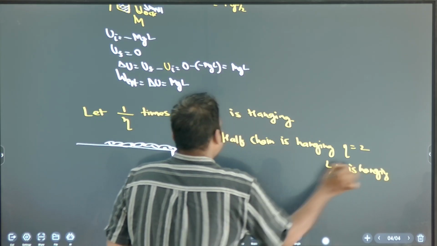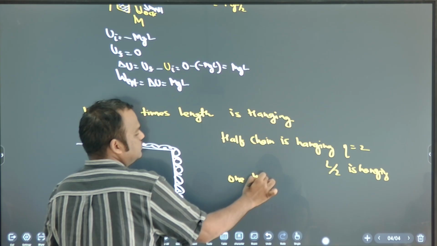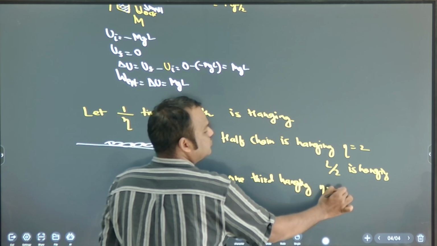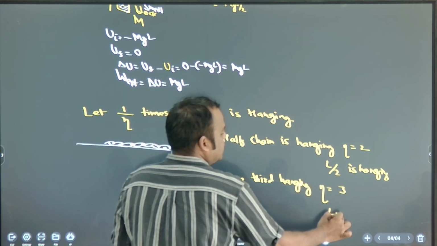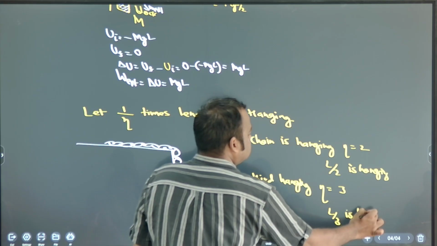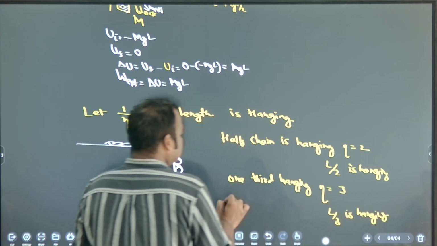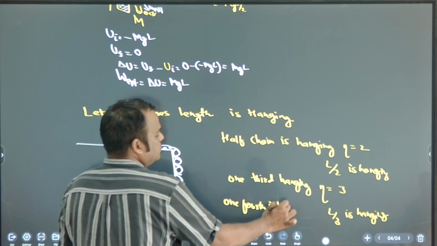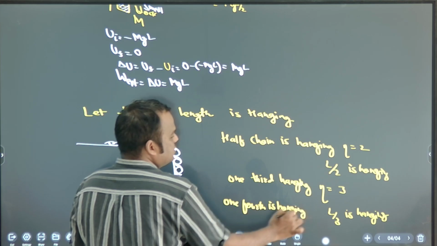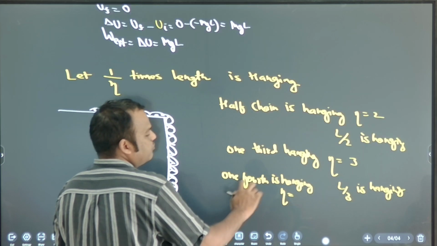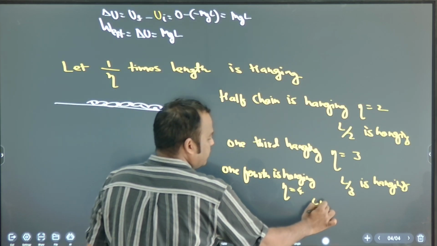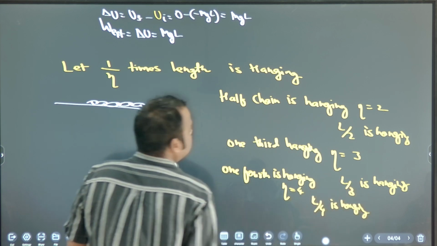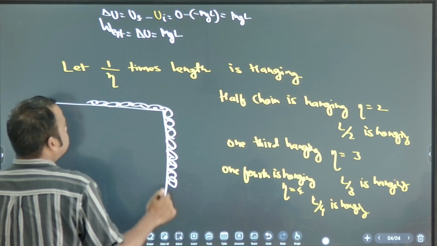If 1/3 is hanging, what is eta? 3, so L by 3 is hanging. If 1/4 is hanging, eta is 4, so L by 4 is hanging. Understood? Clear? Note down.